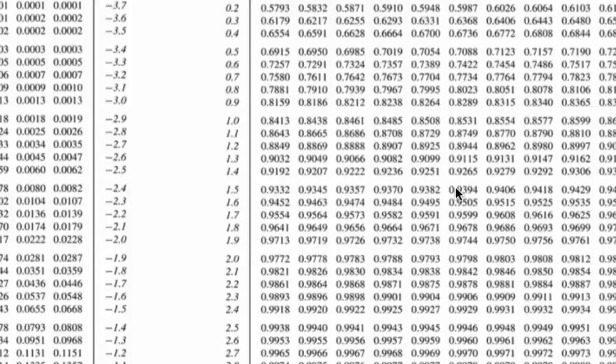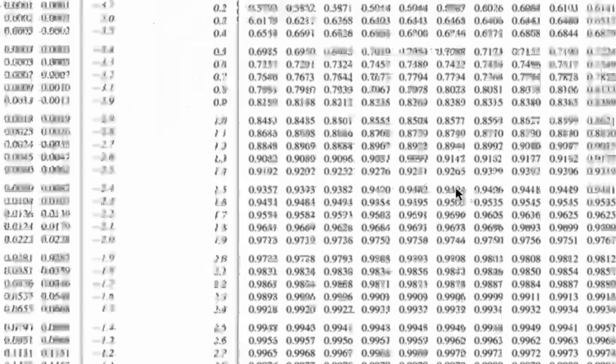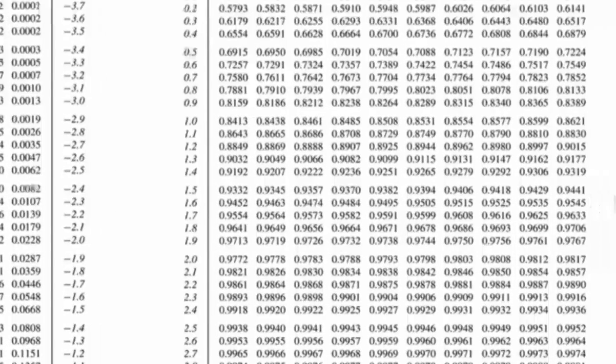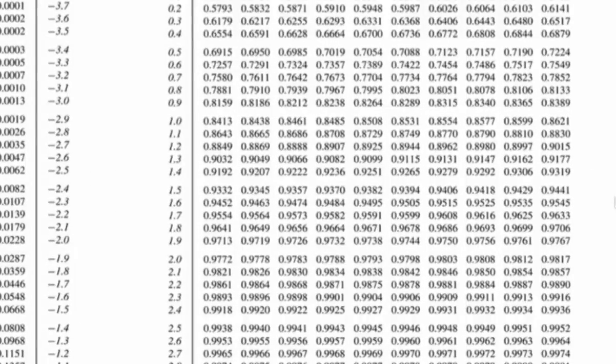Or 0.95, which is it? Just 0.95. So z of 0.05 means we're looking for an area of 0.95.